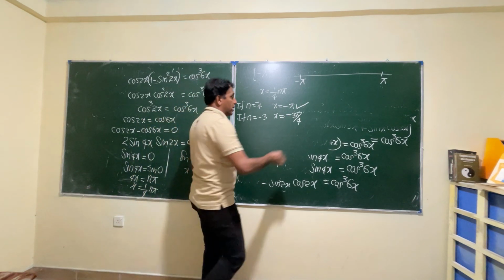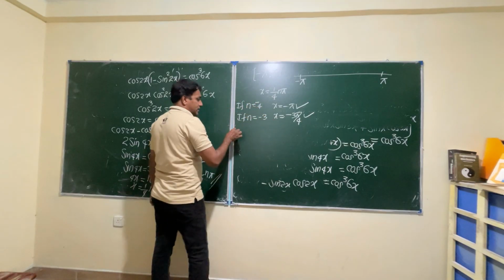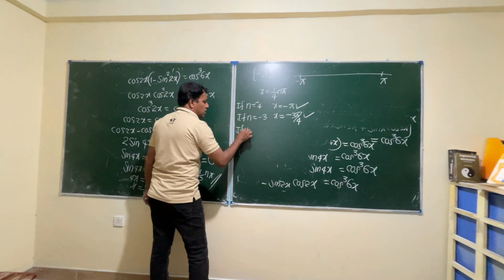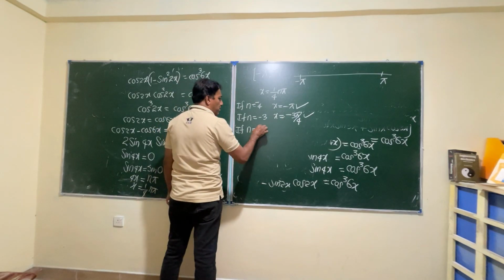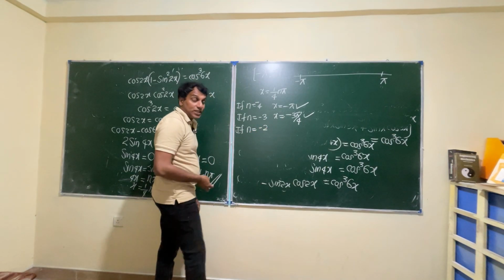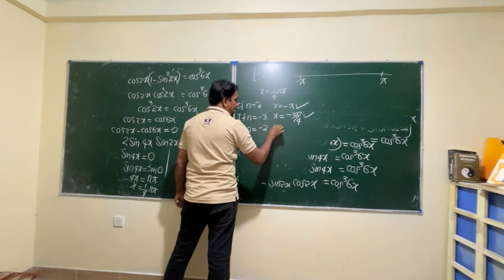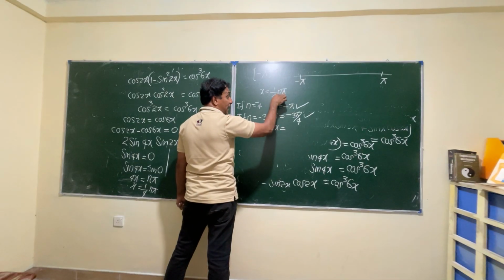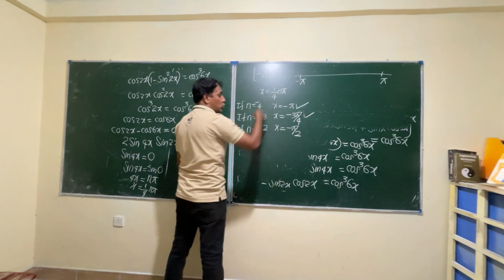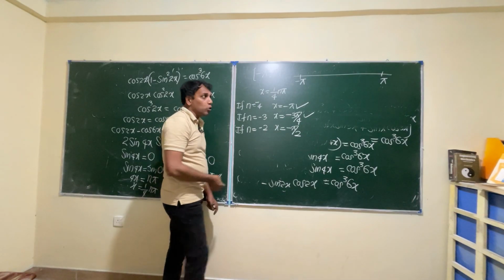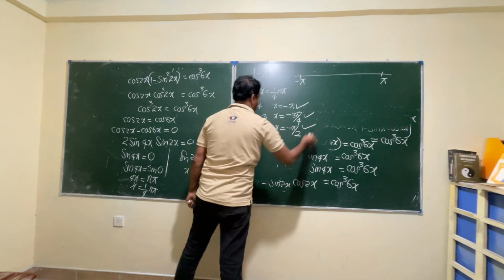Let's take the negative side as well. Next, let's put n equals minus 2. If n is minus 2 here, x equals negative pi by 2, right? Negative pi by 2, yes, can.